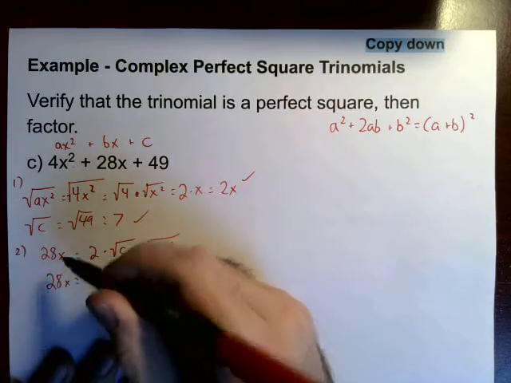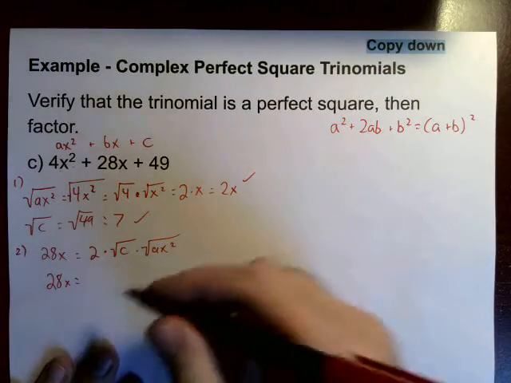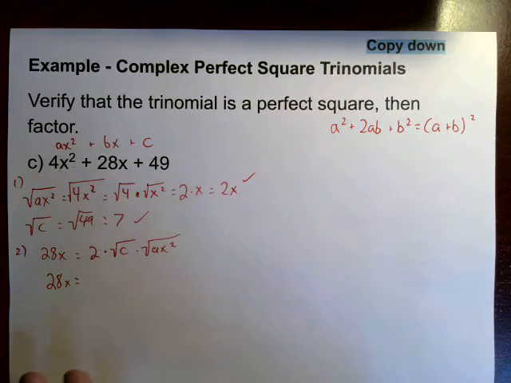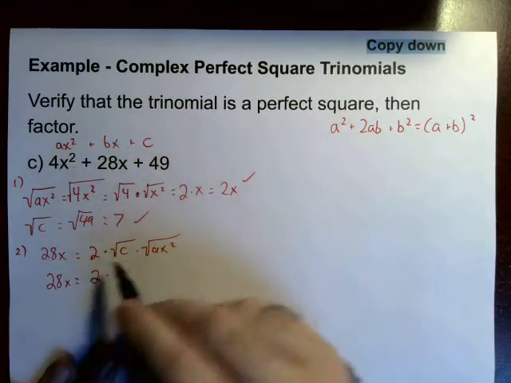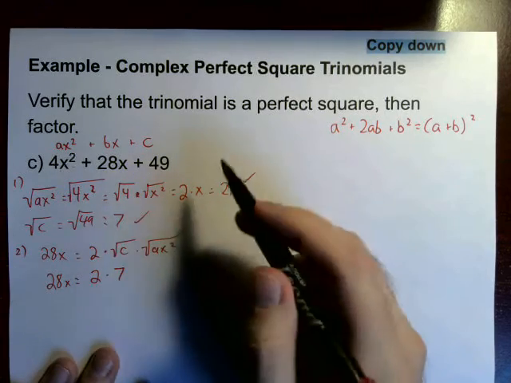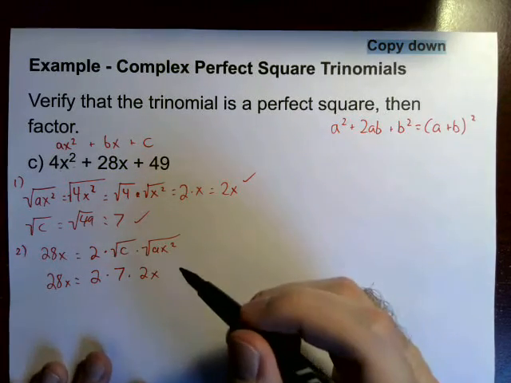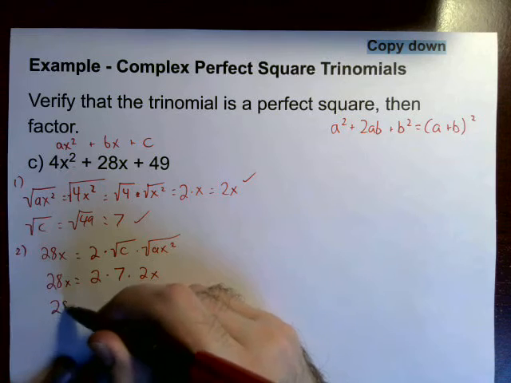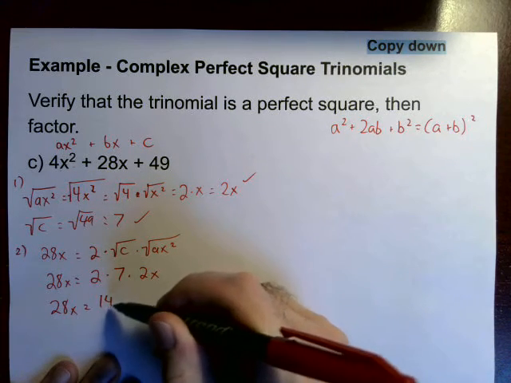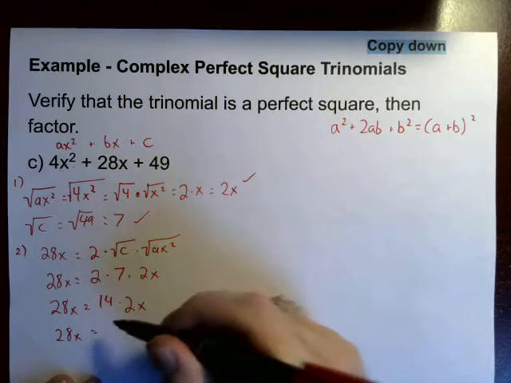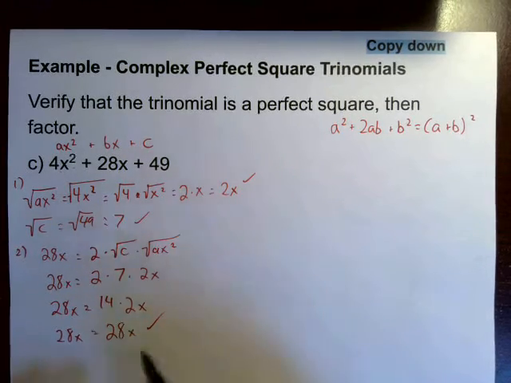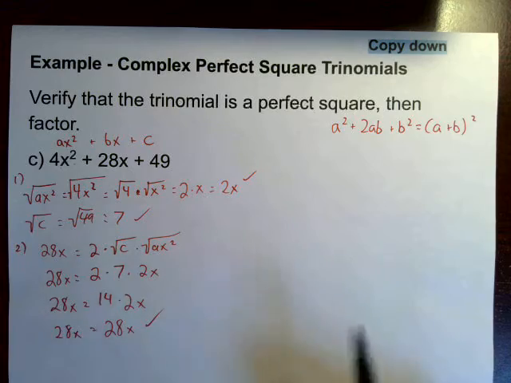So I'm just doing a left side, right side check and doing that algebra, really doing the equivalence testing to see what we get. So 2 times 7 times 2x. So this will be 14 times 2x, which will be 28x. So that's also a check mark.